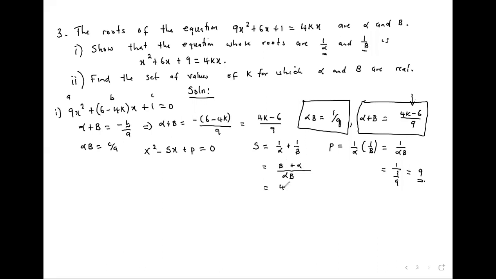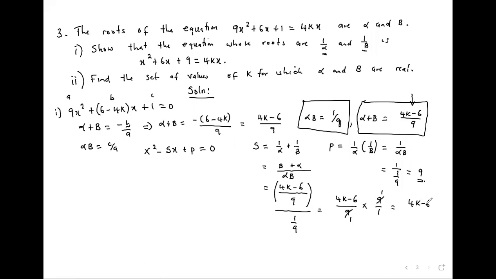So that is 4k minus 6 over 9, this whole thing divided by alpha beta, which is 1/9. We can write this as 4k minus 6 over 9 multiplied by 9 over 1. This 9 cancels this 9, so we get 4k minus 6.